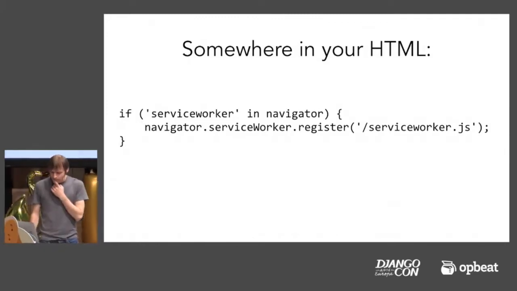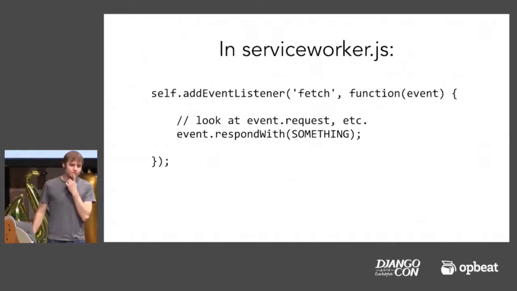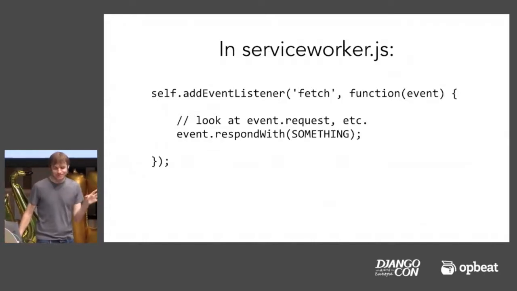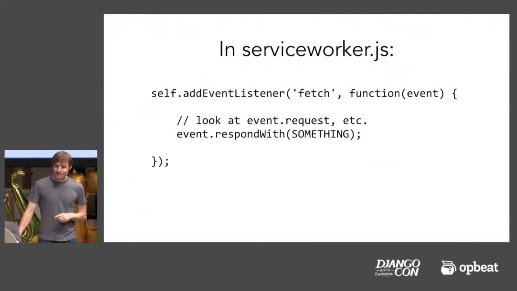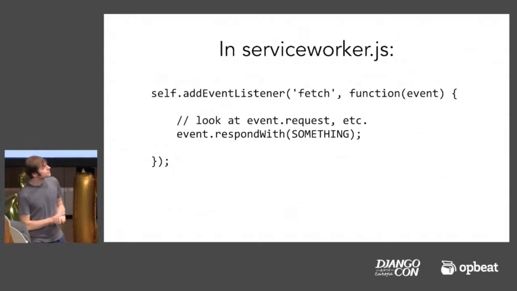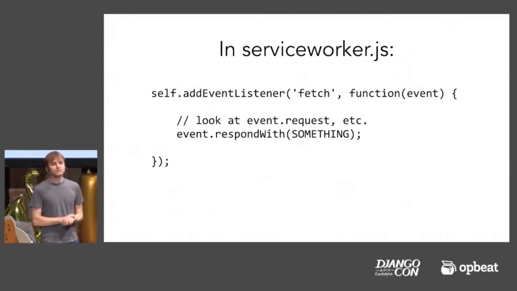And in that file, serviceworker.js, I know this is JavaScript, but we'll get to some Python later. In that file, the most important bit is a fetch handler. And what this means is it's a way of reacting to any fetch that your browser does, for things on your domain.